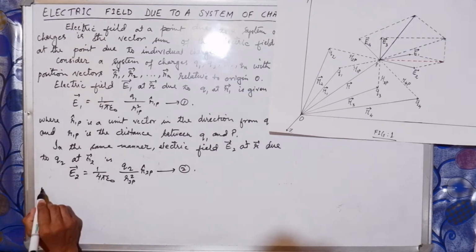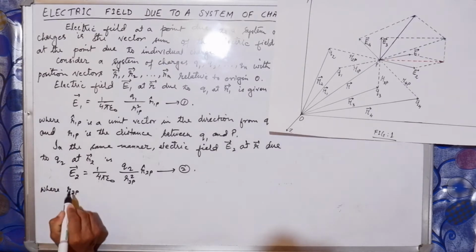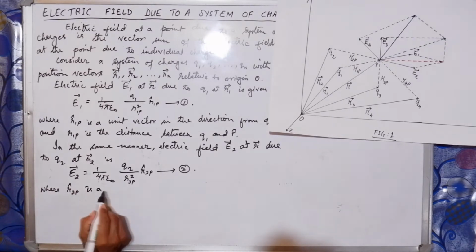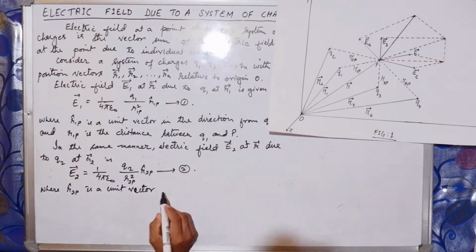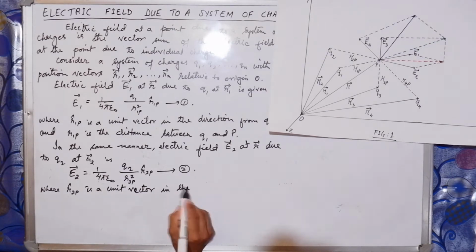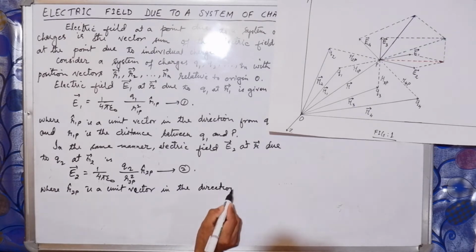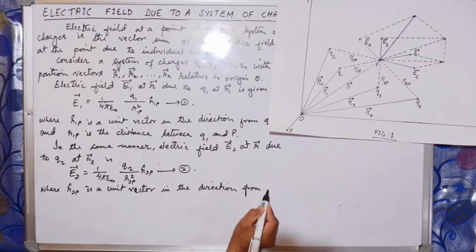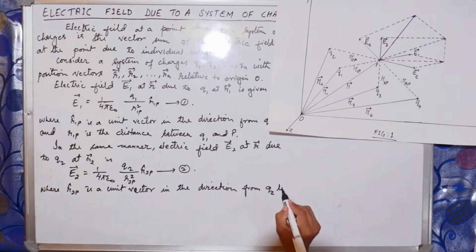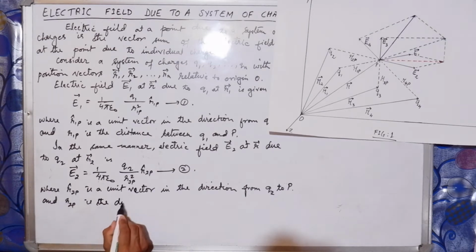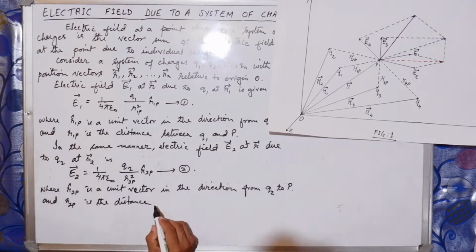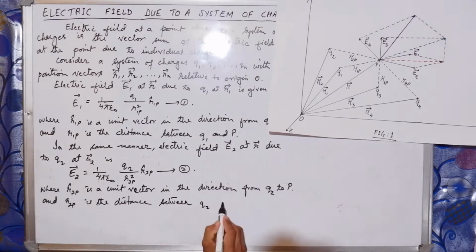Here also R2P cap is a unit vector in the direction from Q2 to P, and the magnitude R2P is the distance between Q2 and P.